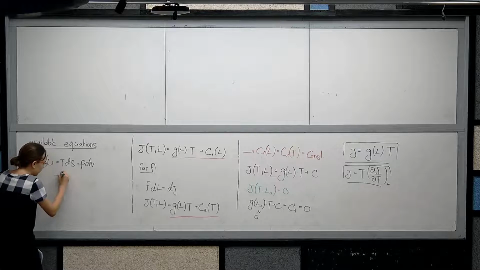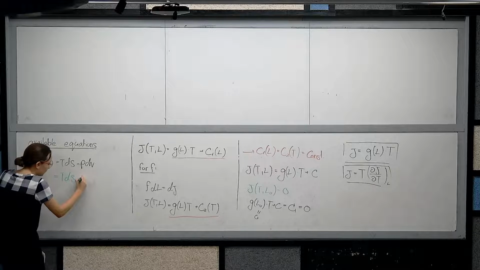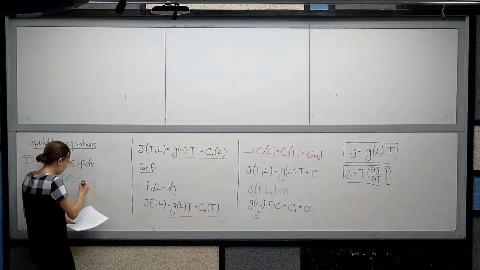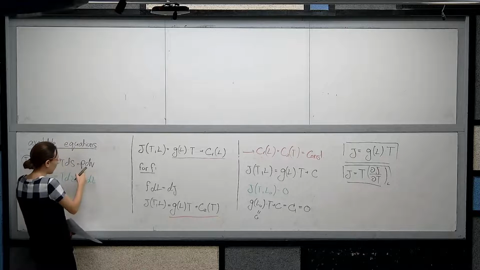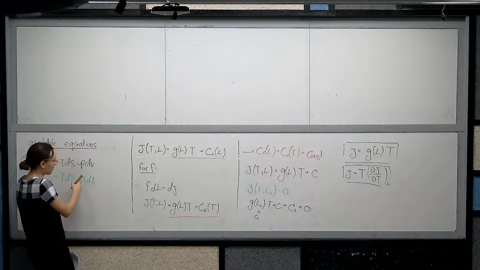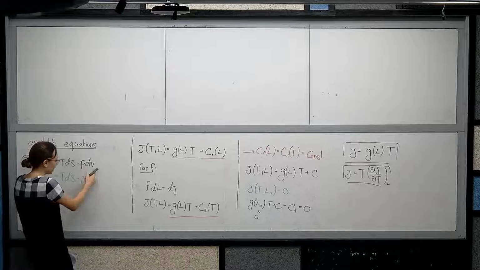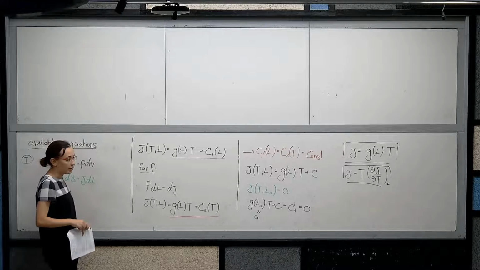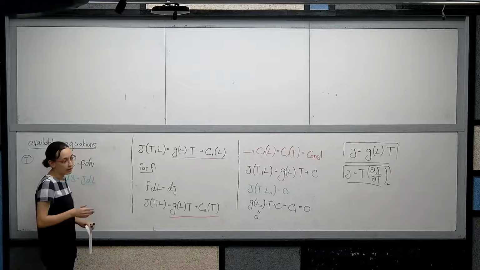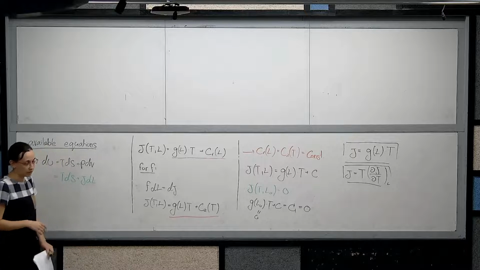So here we write it as TdS plus JdL. So minus P goes to plus J, and V goes to L. Why the plus? Because of the direction of the work done on the system, or by the system on the surroundings.